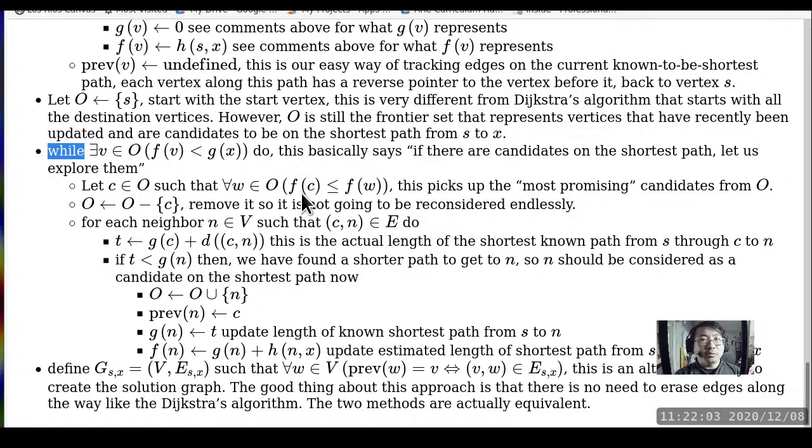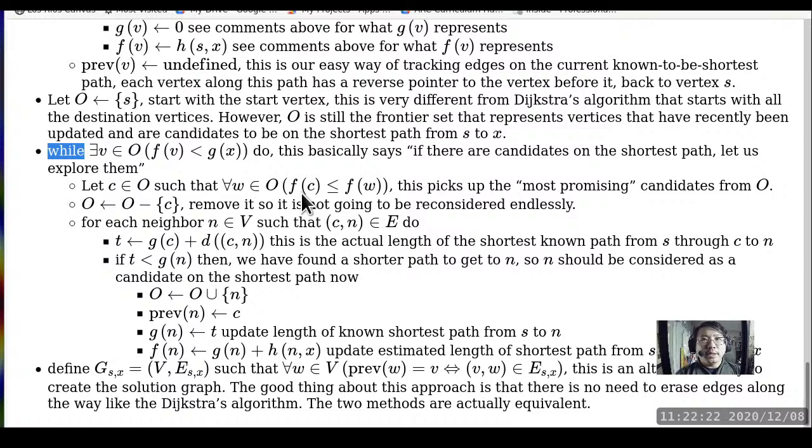The F value can also be seen as an estimate, never overestimating, but it can underestimate. Nonetheless, it is an estimate of the shortest path through a particular vertex to the destination from the starting point.